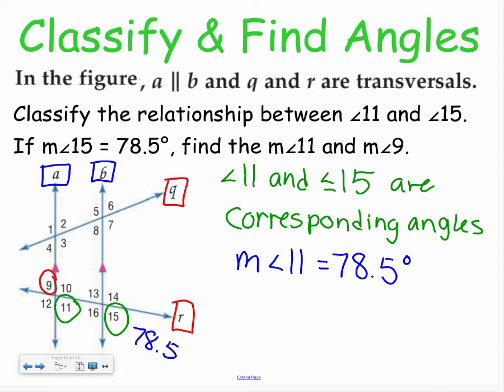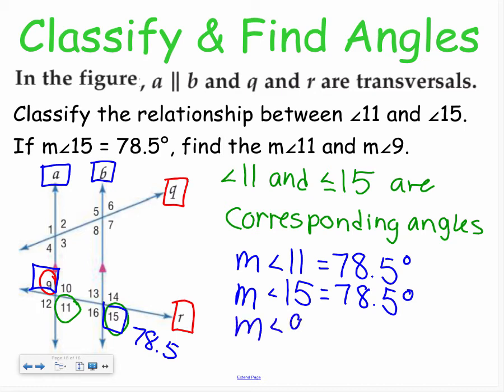If you're looking at angle 9 and angle 15, both of those are exterior to our parallel lines A and B, and they're on opposite sides, on the outside. We also said that those are congruent. So the measure of angle 15 is 78.5 degrees, which means that the measure of angle 9 is also equal to 78.5 degrees.